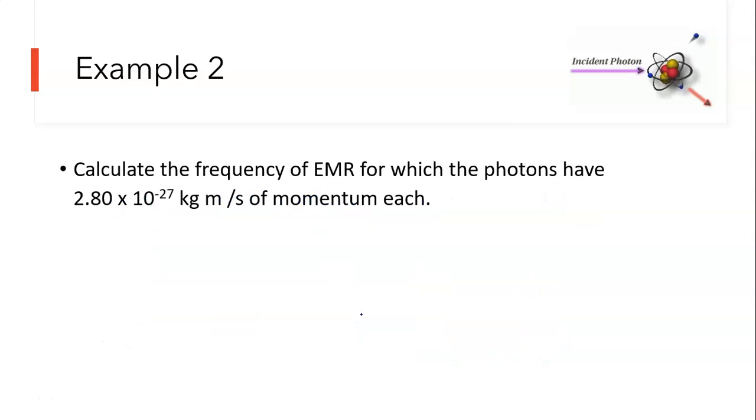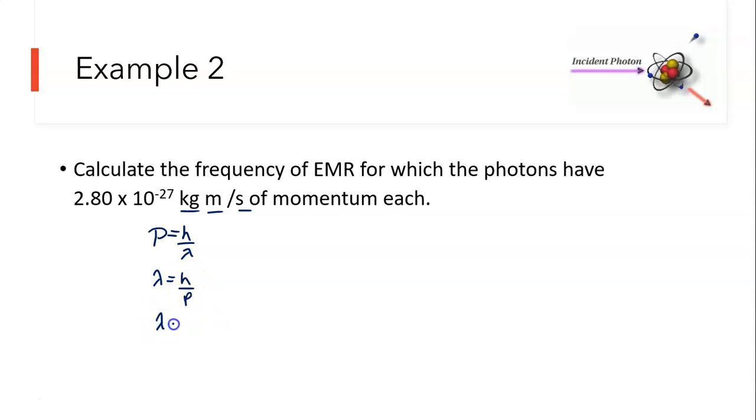It's one of the reasons why we keep to standard units with this, so that we can make those conversions rather easy, such as within example number 2. We've been given the momentum in kilogram meters per second, and we're looking for the frequency of the electromagnetic radiation. We know p is equal to h over wavelength, or the wavelength is equal to h over p.